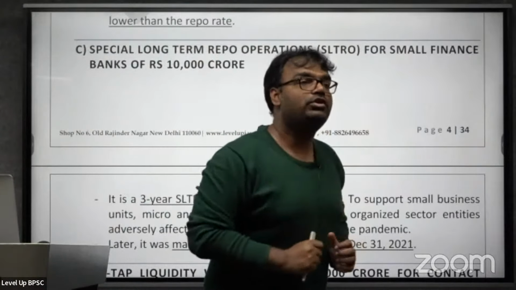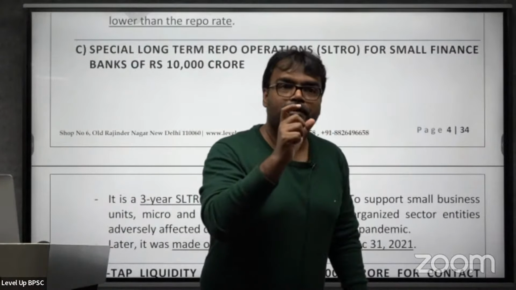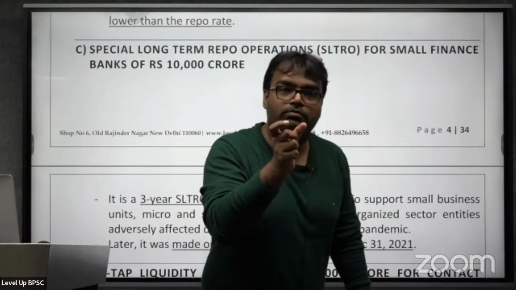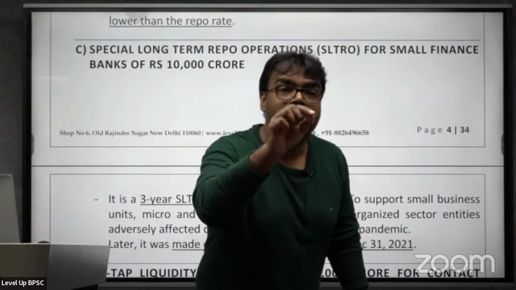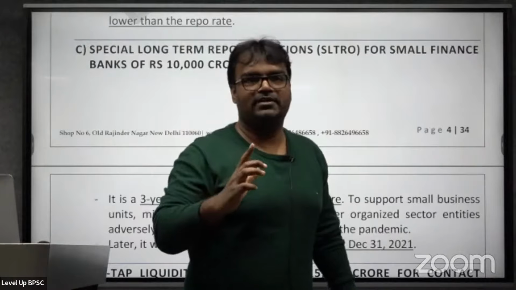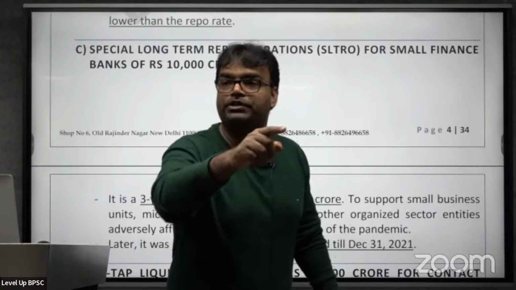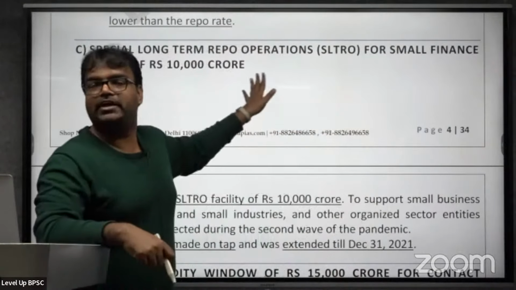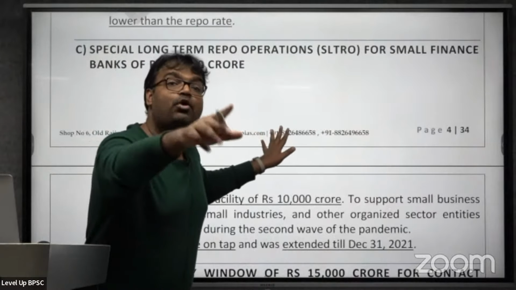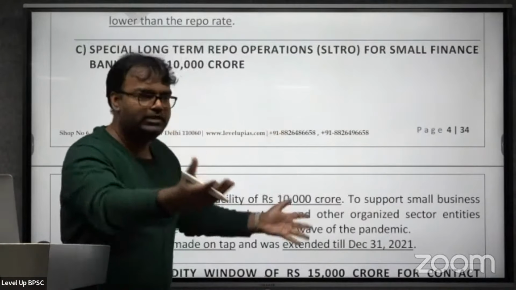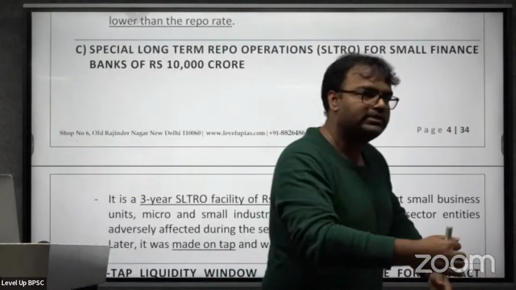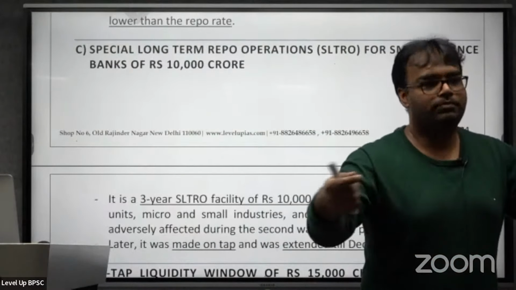In special long-term repo operation, this long-term repo operation is available only for some specific sector. That is why it becomes special long-term repo operation. So this SLTRO was available only for small financial banks, and small financial banks have their own limitations: they'll be able to serve smaller businesses.